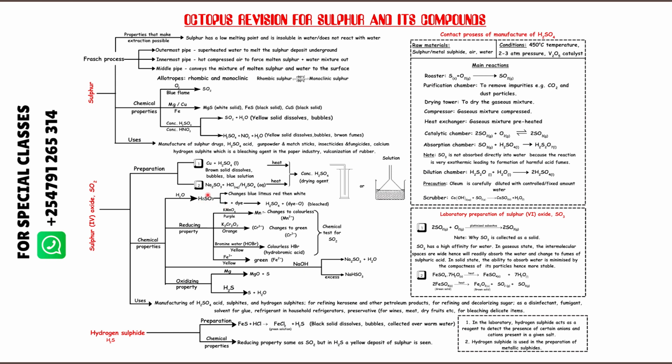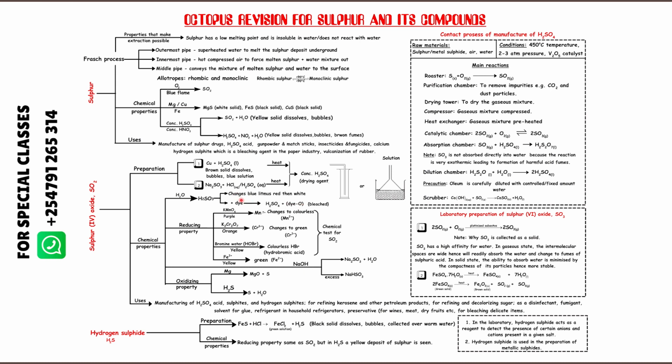So when you have sulfuric 4 acid with dye, the sulfuric 4 acid will remove oxygen from the dye, forming sulfuric 6 acid, and therefore the dye is bleached.